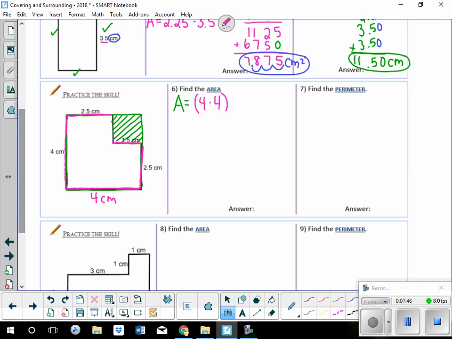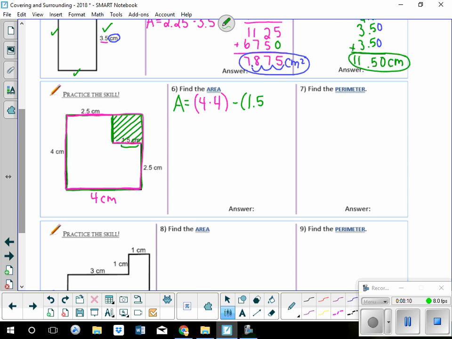But now I want to subtract out that piece in green. Okay? Which means I need to find both of the dimensions. So I know that this piece along the bottom is 1 and 5/10, but I also need to find the length of the other dimension, okay?